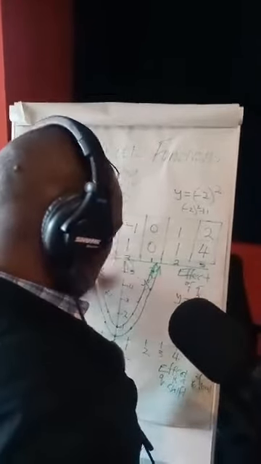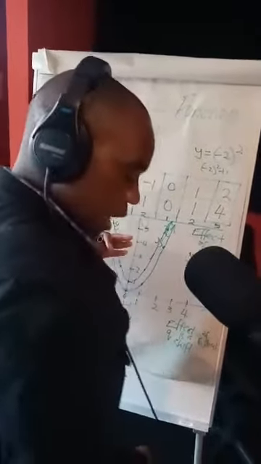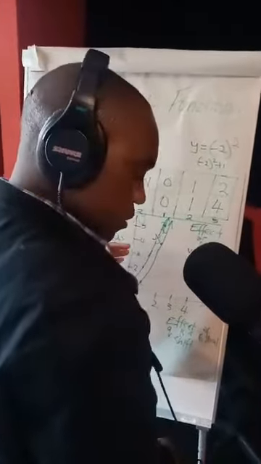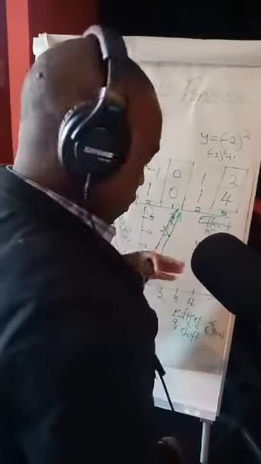Like we did with the straight line last week, you can either shift up or down. And in grade 10, we are just going to concentrate on the vertical shift up and down. When you are in grade 11 next year, you can also look at the horizontal shift, sideways.